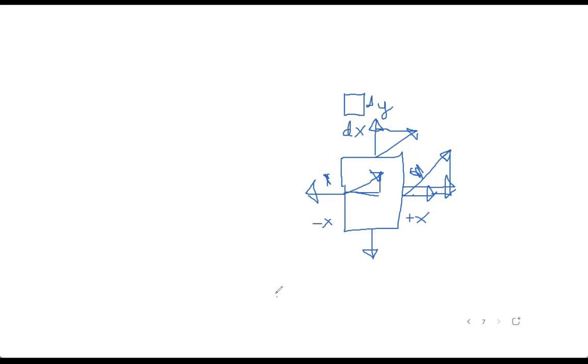Then my total flux through this closed thing is my flux at plus x plus my flux at minus x, and then my flux at plus y plus my flux at minus y.